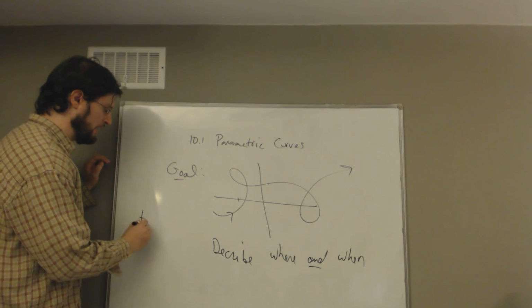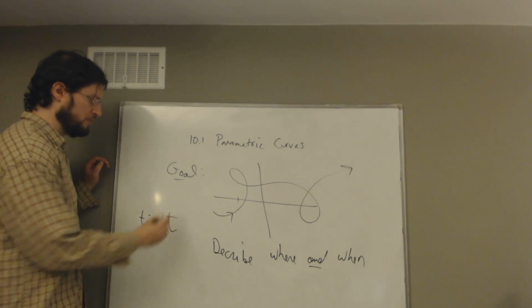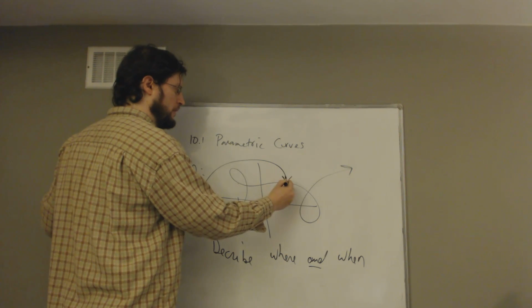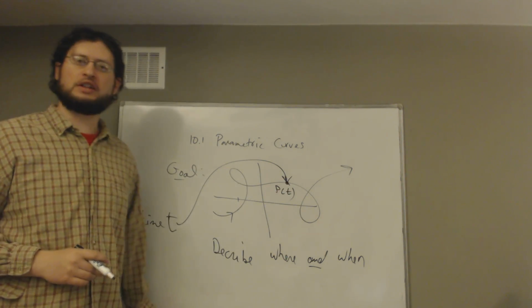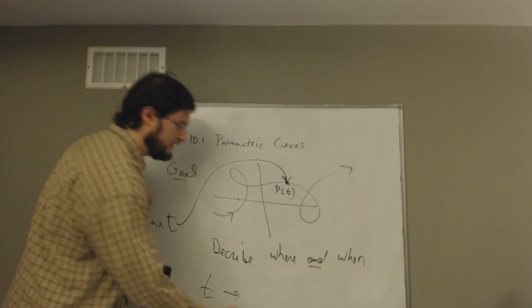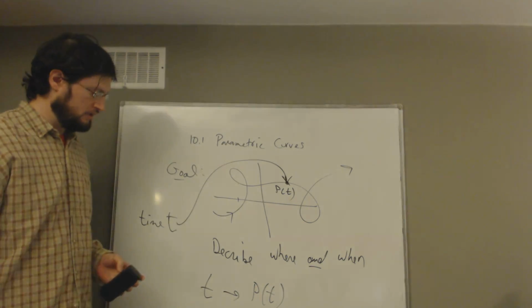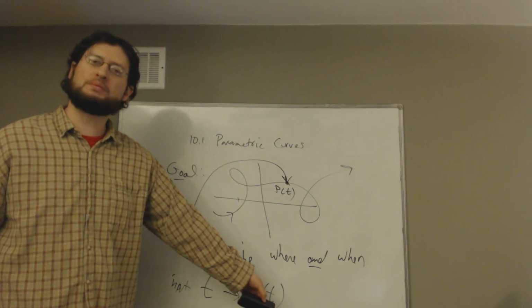We're going to think about time, which is a variable t. We're going to take this variable t and use that to describe a point. Let's call that point P, which depends on time t. So we input t and it outputs a point, P at t.